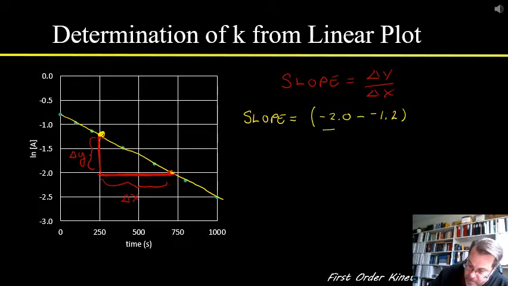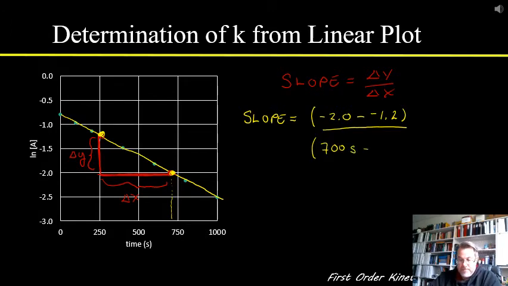Okay. Over the second x value. And the x value here looks like it's about 700. And unlike the y-coordinate, the x-coordinate does have units, and those are seconds. Okay. And the first x-coordinate right here, that happened to fall on that line, so that's 250. Okay.